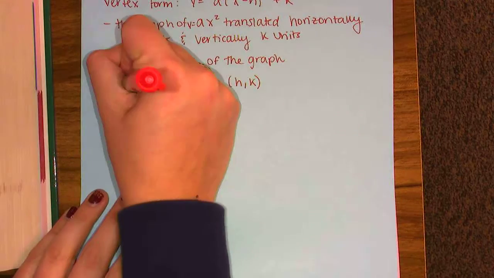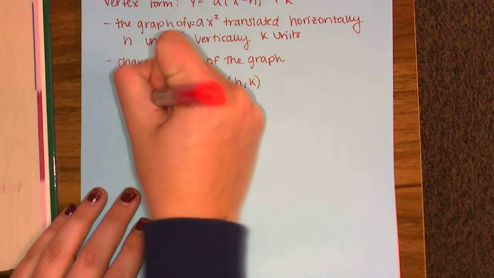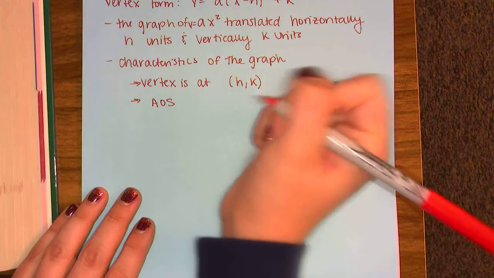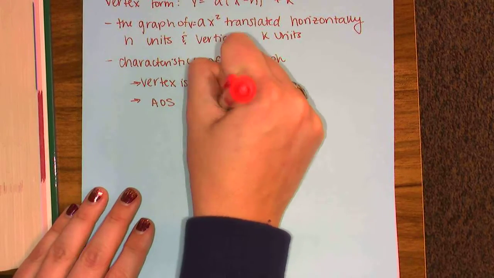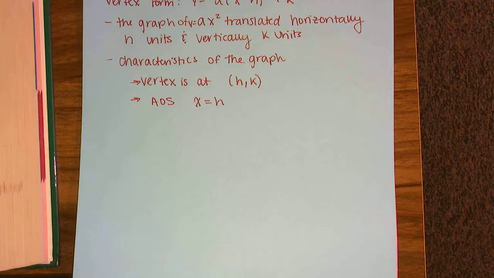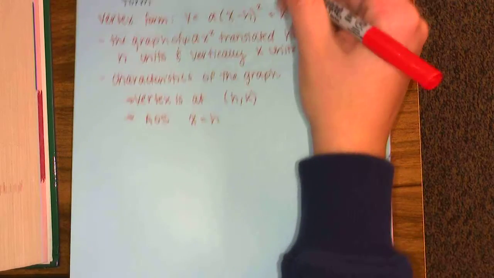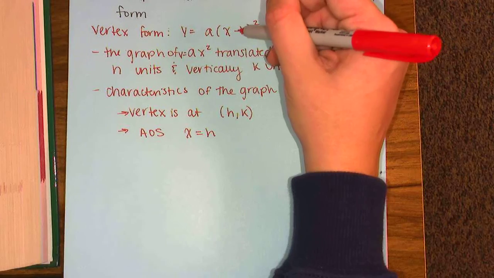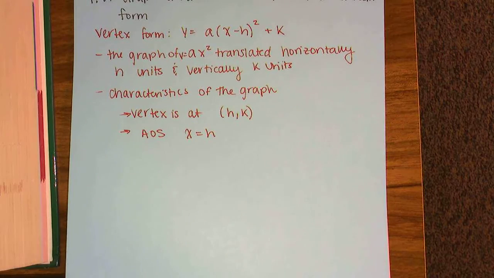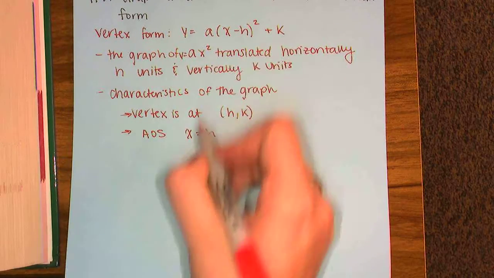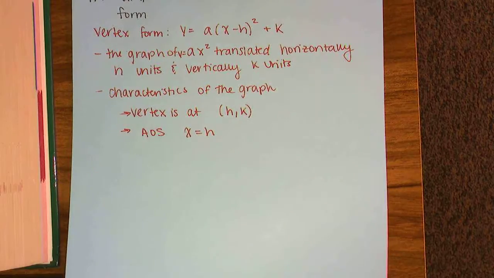So the vertex is there. The axis of symmetry is at x is equal to h. Again, it's whatever h is, not the sign that goes with it. If this was positive, this would be negative down here, following the same deal.